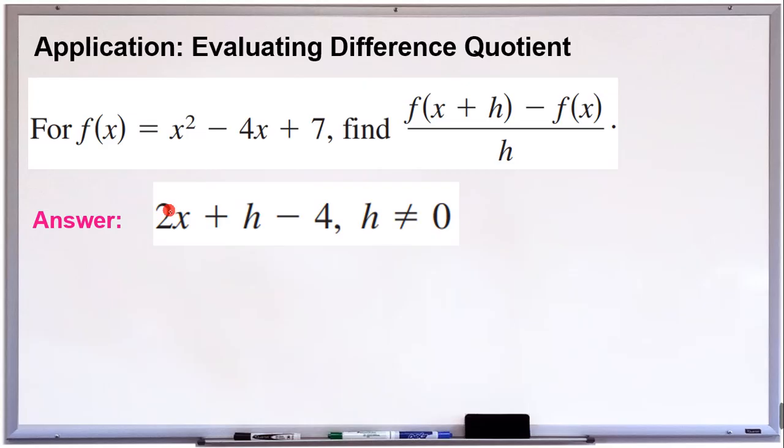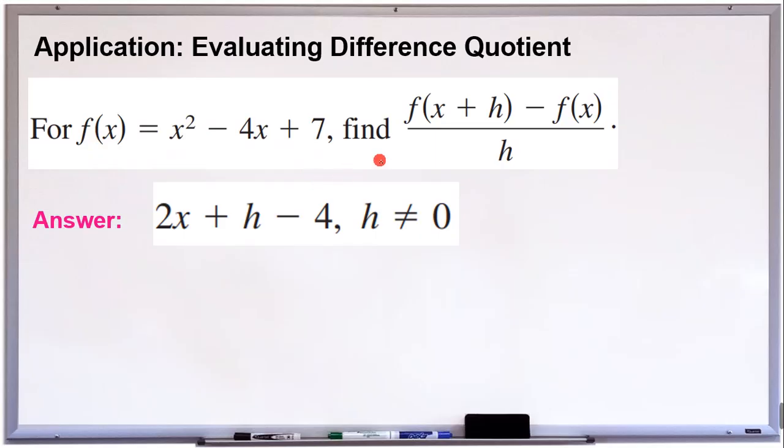So next, for our last application, we're going to evaluate difference quotient. So this one is very important, especially if you're going to pursue calculus 1. This tool is very useful, especially on the first part of the subject on calculus. Here we have a given function f of x equals x squared minus 4x plus 7.